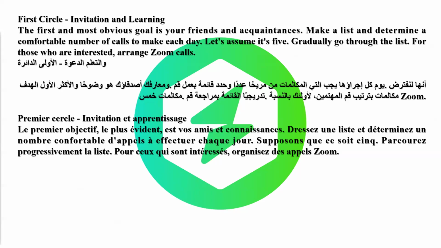First circle, invitations and learnings. The first and most obvious goal is your friends and acquaintances. Make a list and determine a comfortable number of calls to make each day. Let's assume 5, gradually go through the list, and for those who are interested, arrange some calls.